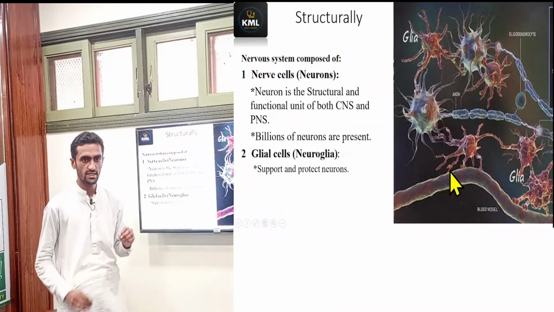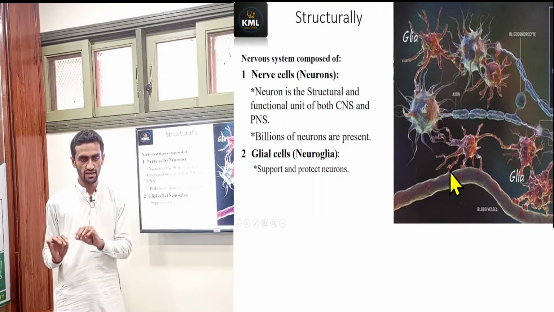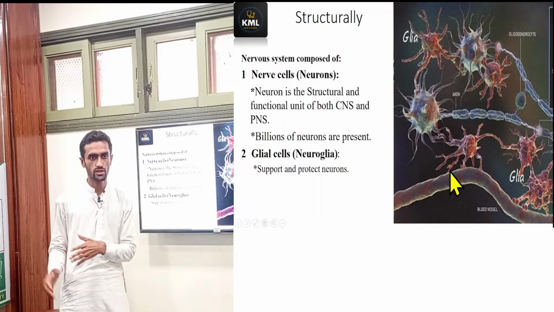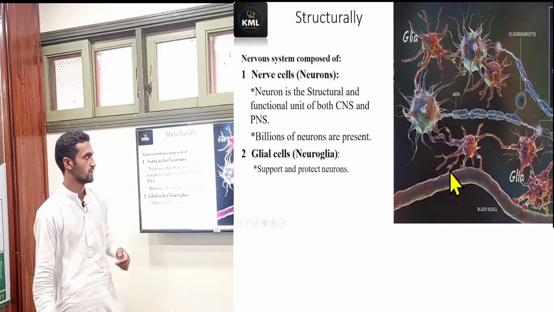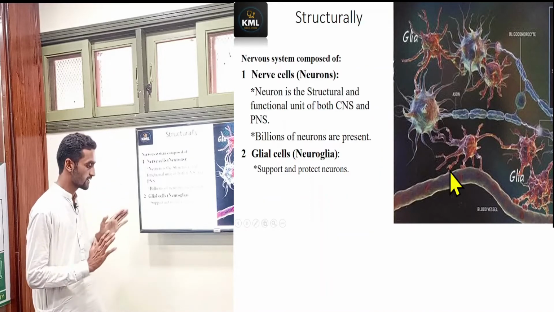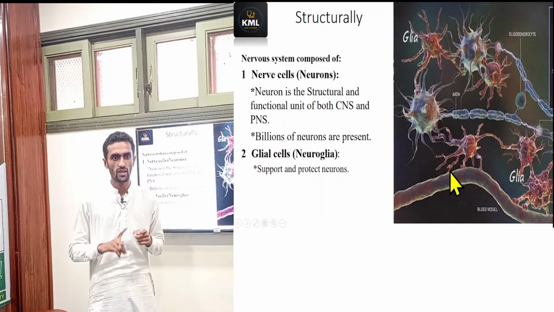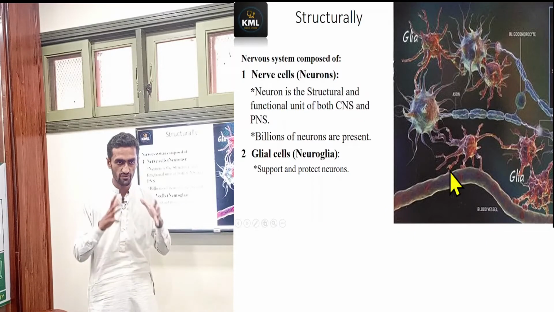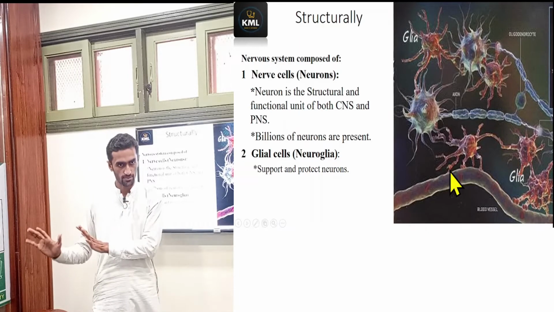So we start with it's just an introduction lecture. We are just touching each and every basic aspect of histology, embryology, anatomy, neurophysiology. So start with the nerve. There are two types of cells. One is the actual cell, the main functional cell. The other is the assistant cell, or you can say supporting cell.